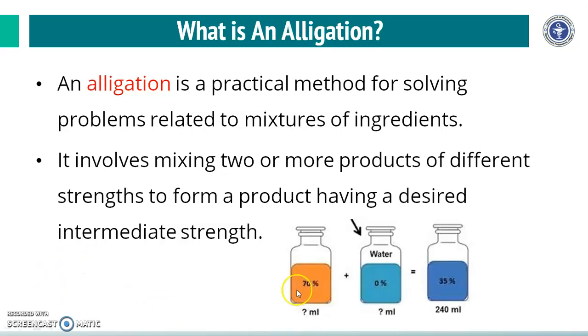You can see here two strength ingredients can be mixed together to get a mixture of intermediate strength, and we can calculate how much quantity of this strength and how much quantity of this strength needs to be mixed so that we can get this much quantity of this strength of mixture. So alligation gives how much quantities of two ingredients can be mixed together.